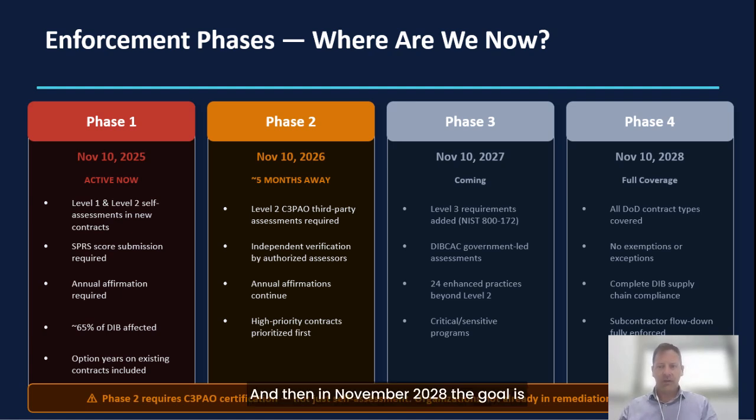And then in November 2028, the goal is to go into full enforcement of all level 1, 2, and 3 to all contractors with third-party assessments. So right now we are starting to see the real enforcements of CMMC. There is still a lot of uncertainty in terms of how things are going to be audited, but the direction is becoming clear as we are moving forward.